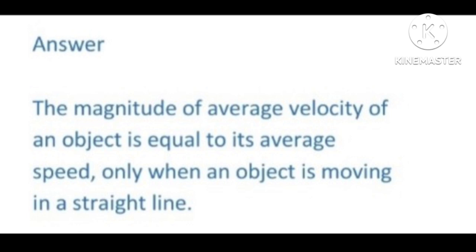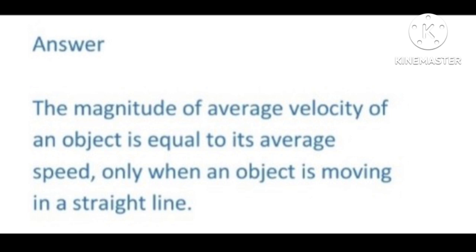Before going to answer this, we have to know what is average velocity and average speed. Average speed is equal to total distance travelled divided by total time taken, and average velocity is equal to displacement divided by total time taken. In this case, the denominator is the total time in both cases.